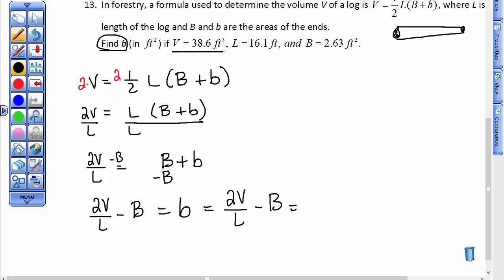V right here is 38.6. So 2 times 38.6 cubic feet over L, which is 16.1 feet, minus B, which is 2.63 square feet.